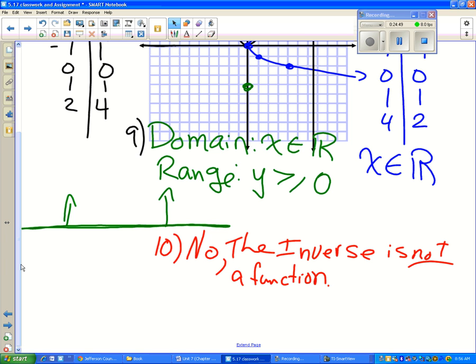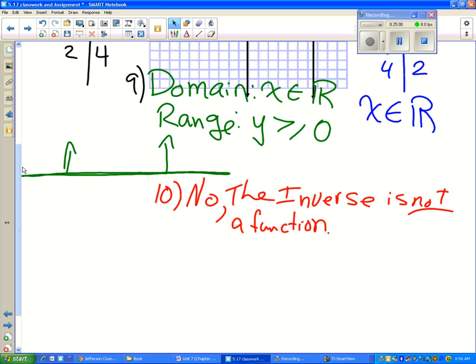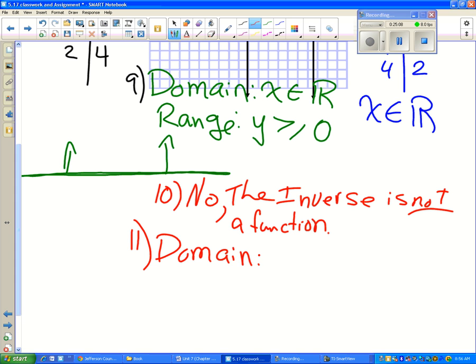Number 11 asks, what are the domain and range for the inverse? You just pretty much switch the answer from number 9. The domain is talking about x's, but I'm going to want the x's that are greater than or equal to 0.